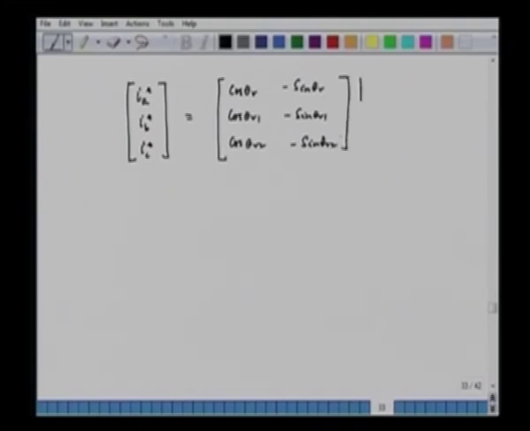Here we have IDS star, the reference value of the IDS current, and IQS star, the reference value of the Q axis stator current, and theta r1 is equal to theta r minus 2 pi by 3, and theta r2 is equal to theta r plus 2 pi by 3.